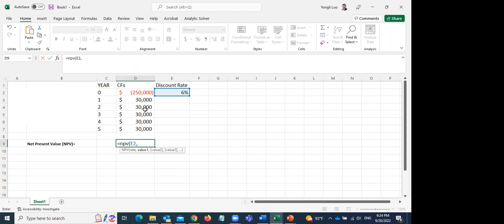It's not value 0, so you need to remember that. Then you close the parentheses. Then net present value, you plus your initial investment. Why do I use plus? Because your initial investment is a negative number.